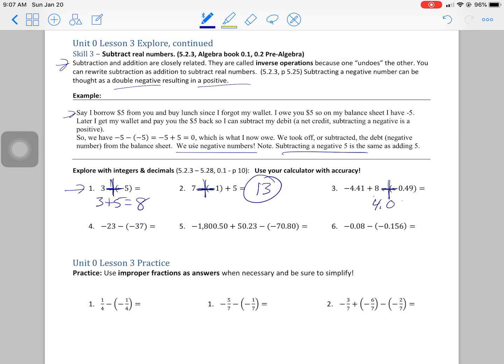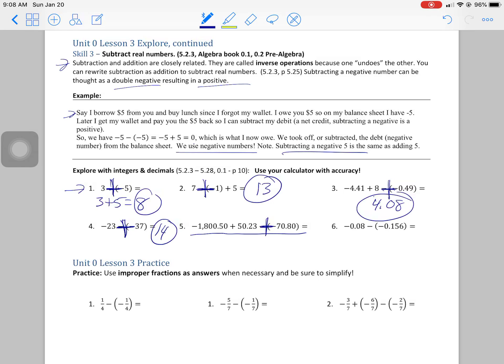It is 4.08. All right. Negative, negative, go right in there and change that. Negative 23 plus 37 is 14. All right. Put that in your calculator.